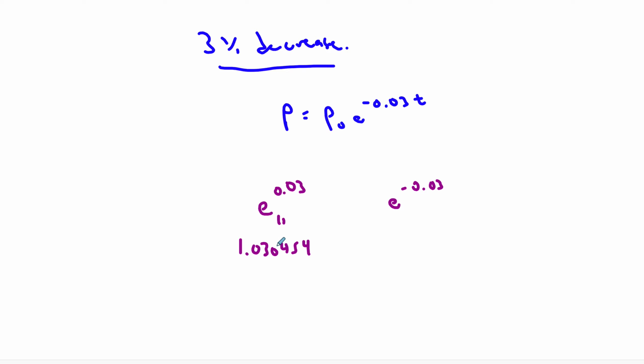I'll explain here in just a sec. Whereas if I'm looking at e to the negative 0.03, I get 0.97044. Let's go with 5. Okay?